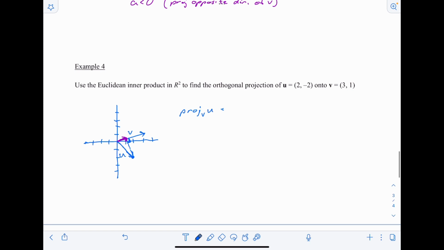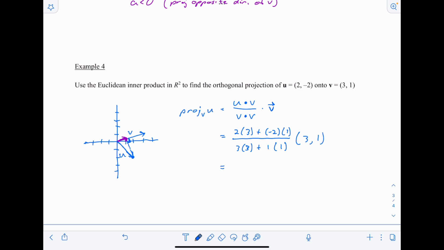We're going to take the dot product of U and V divided by the dot product of V and V, and we're going to multiply that by vector V. So the dot product of U and V is 2 times 3 plus -2 times 1, divided by the dot product of V with itself, 3 times 3 plus 1 times 1. And this whole thing gets multiplied by vector V, which is (3, 1).